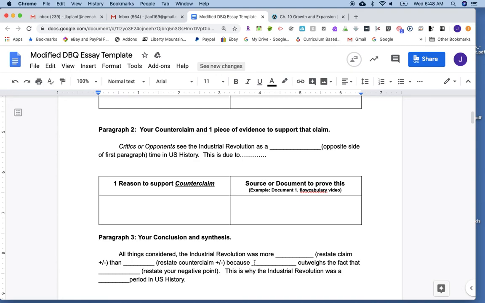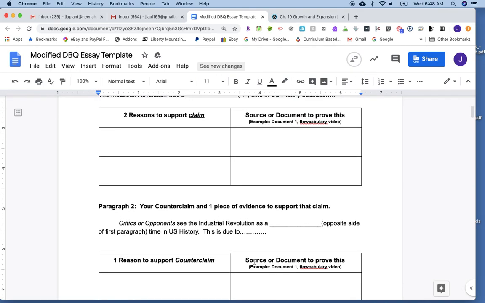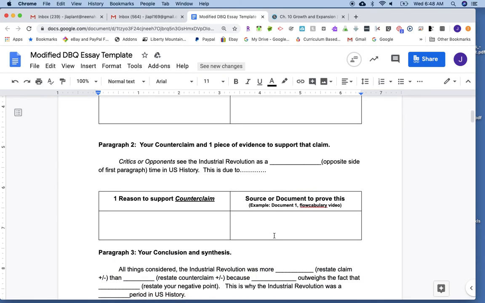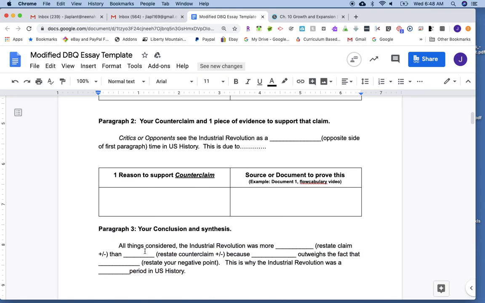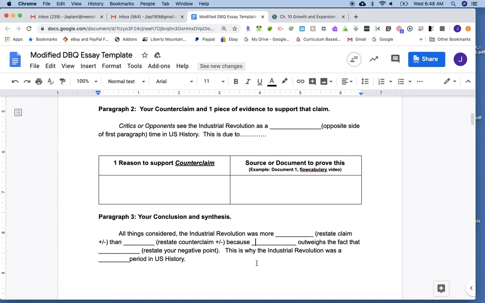So under the because statement, you're going to list your 2 reasons. Reason 1, reason 2. Outweighs the fact that, and then you're going to list your counterclaim reason right here. And this is why the Industrial Revolution was a positive or negative period in U.S. history.